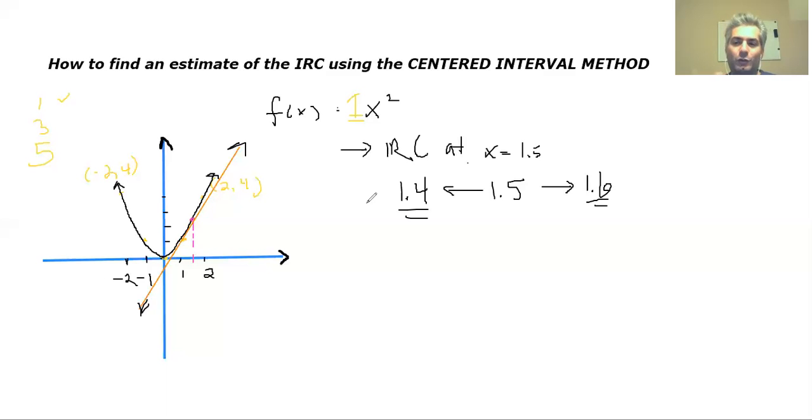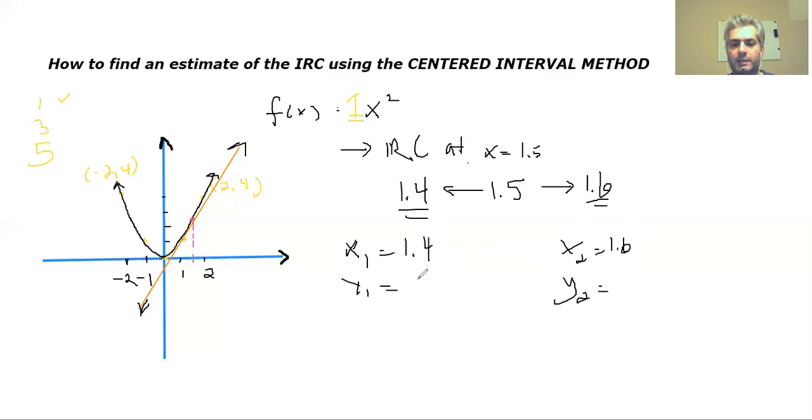But now I have 2 points, so I can easily find the slope across 2 points. What I would need is the x values, which I have. So I'll call x1 is 1.4, and x2 is 1.6, and I need to find y1 and y2.